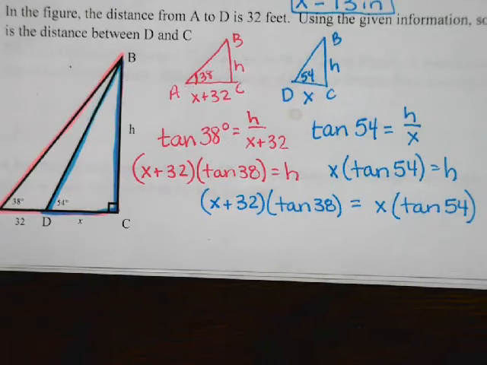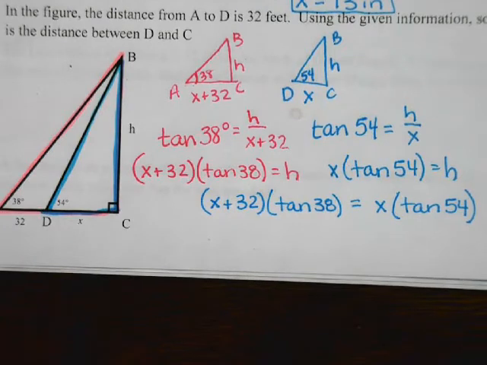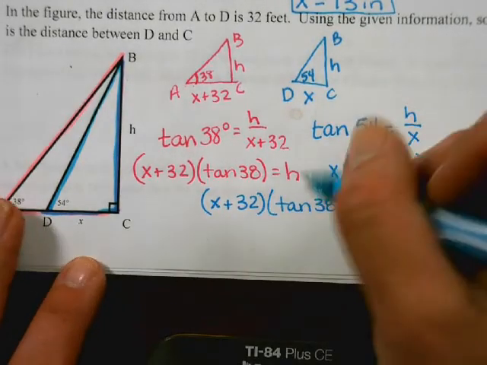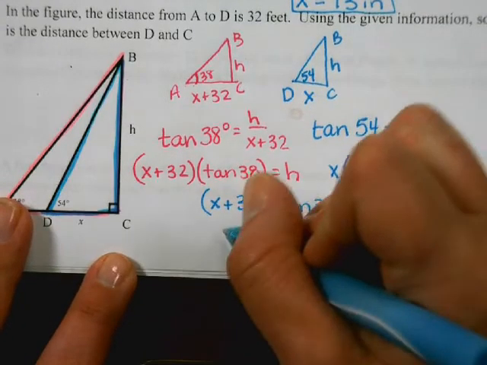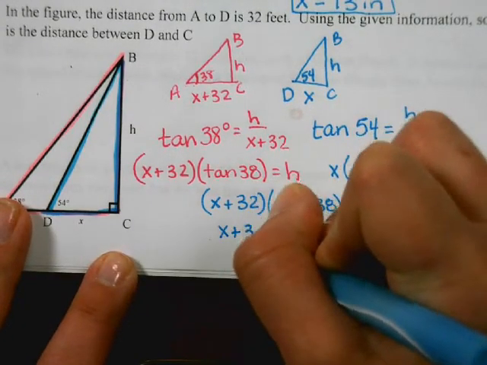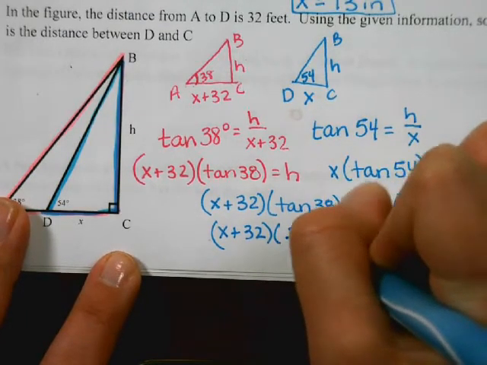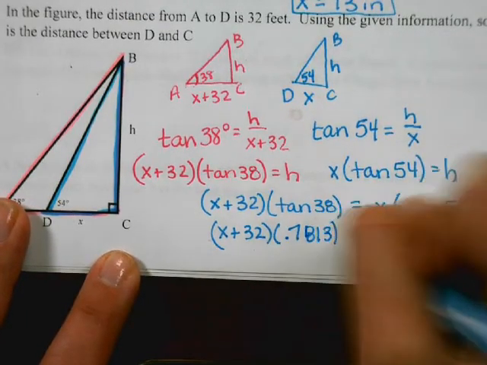Now what do you want to do? Distribute, find out the tangent of 38 and the tangent of 54. Let's do it. Tangent of 38 is 0.7813. When we talked about with logs, go to 4 decimal places while you're working and then round your answer to the correct sig figs.